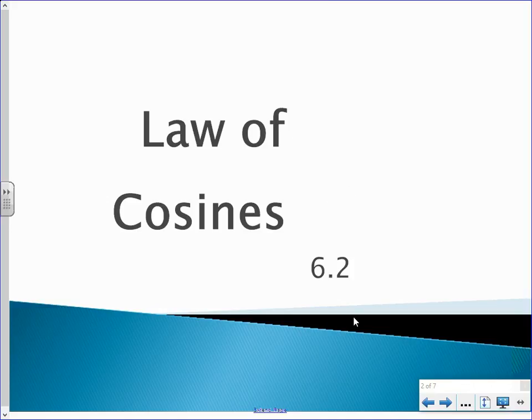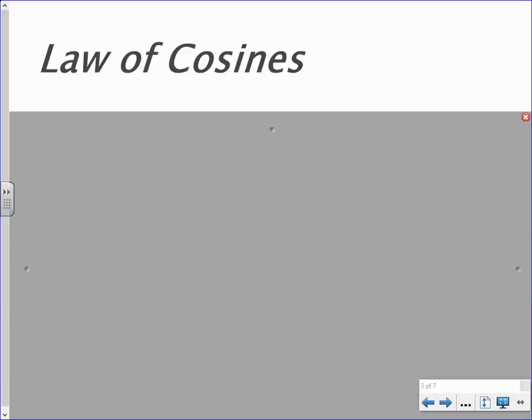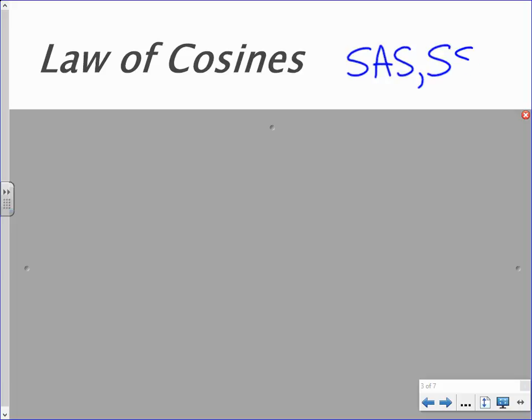Now, law of cosines we can use in two cases, okay? First of all, before we get too excited, we can use the law of cosines when we know side, angle, side or side, side, side.